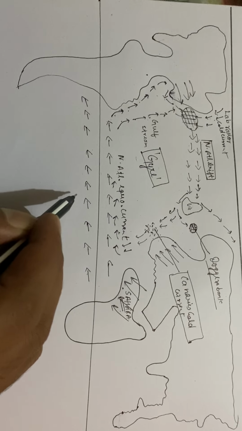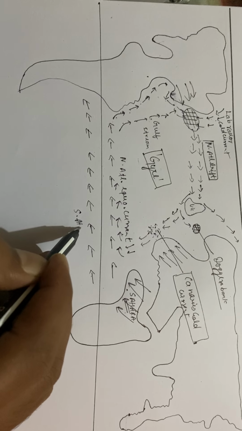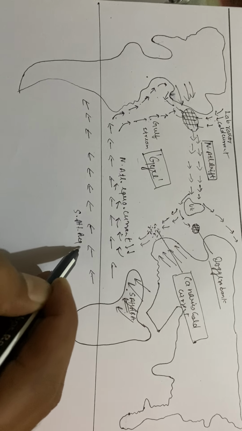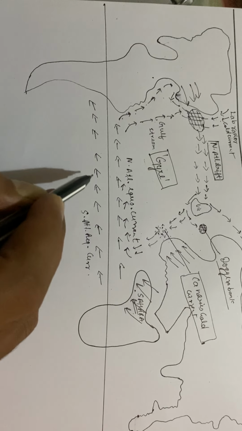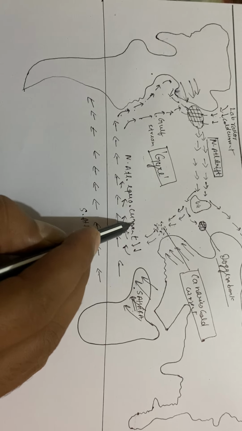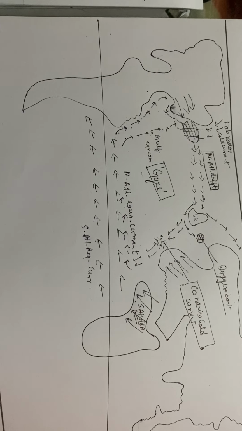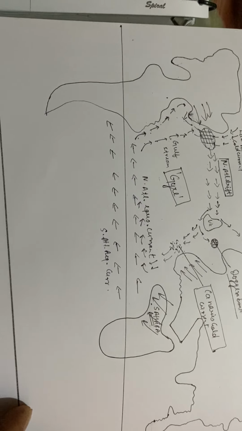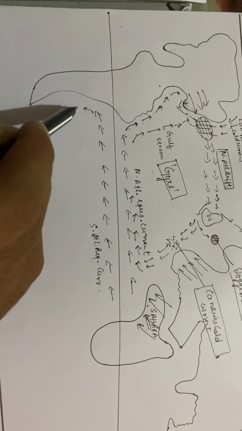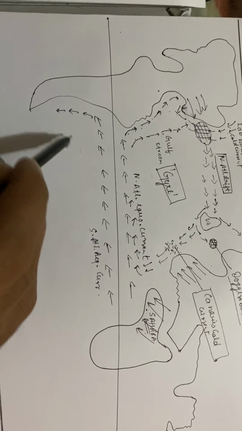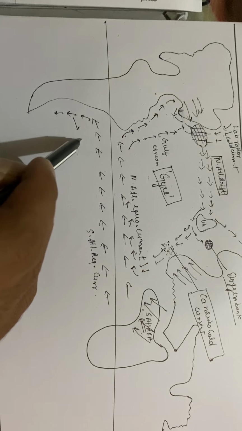This is called the South Atlantic equatorial current, same as the North Atlantic equatorial current. Okay. Listen, very important things. Same thing under the Coriolis force: this current will turn in this direction, and this current is commonly known as the Brazilian current.